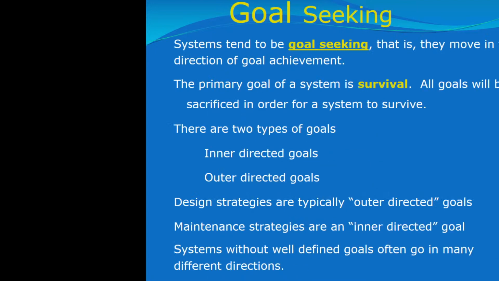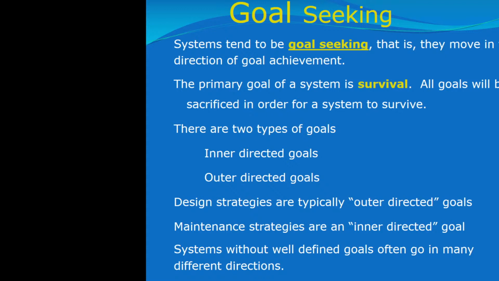First of all, systems tend to be goal-seeking, that is, they move in the direction of goal achievement. Each system has its own goal. The primary goal of any system is survival. All goals will be sacrificed in order for a system to survive.